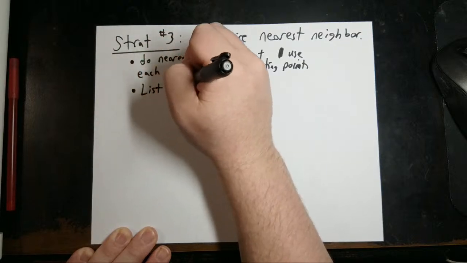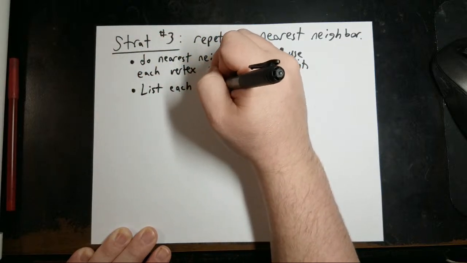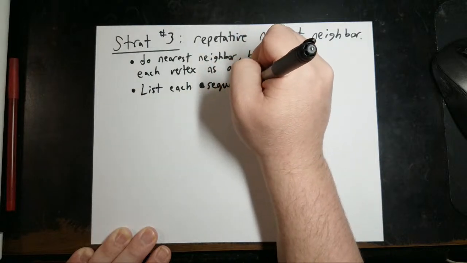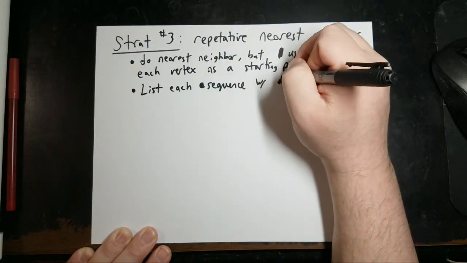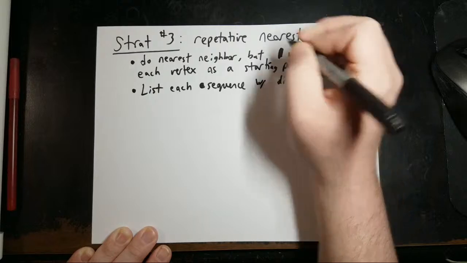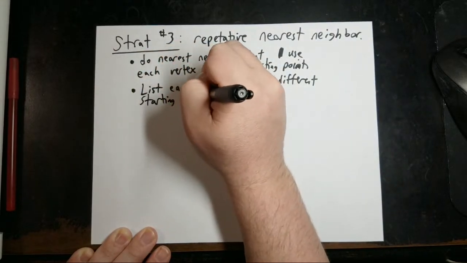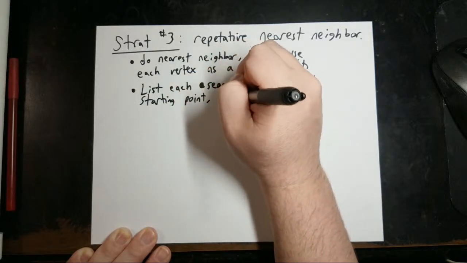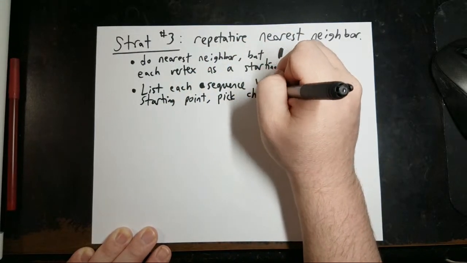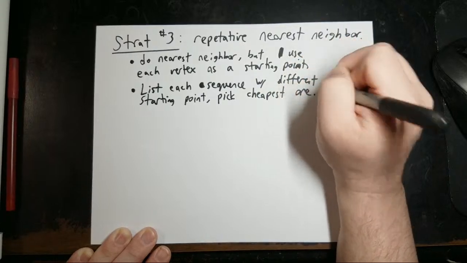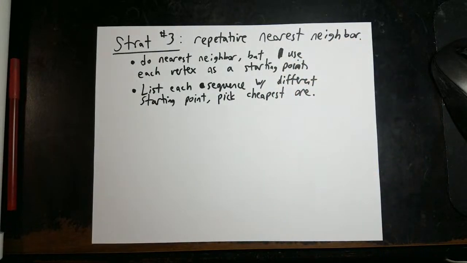List each sequence with different starting point. Pick cheapest one. And again, I'll show you what that looks like in a moment.